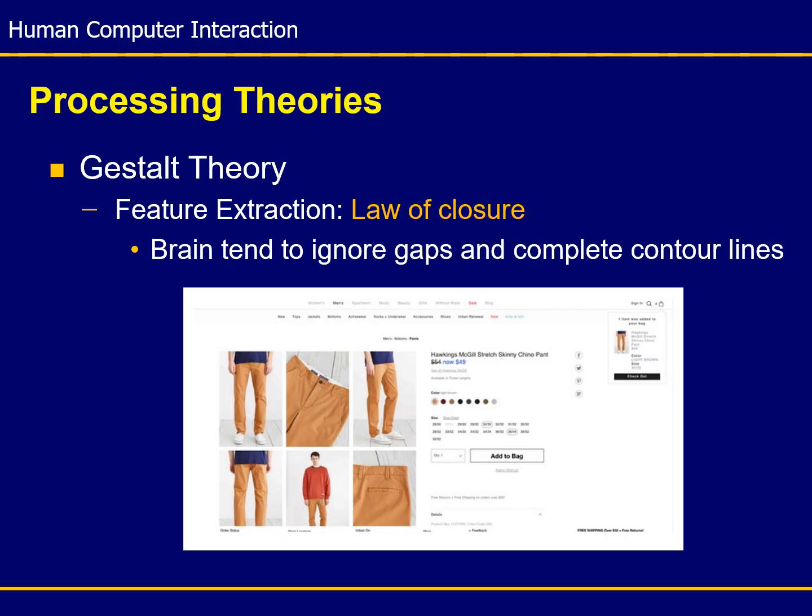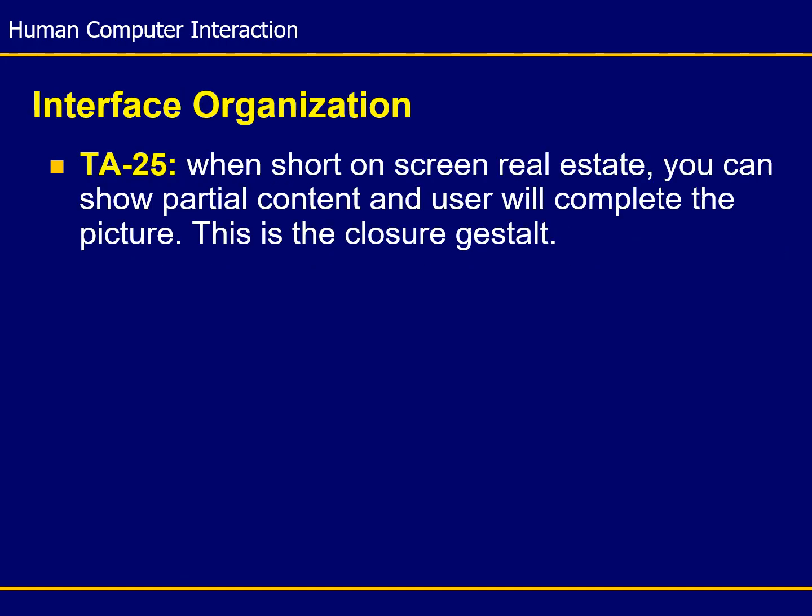Your ability to figure out that this is the side of the pant and that this completes this one, or if I see this then I know what's the rest, is again invoking indirectly this gestalt. So, take away: when short on on-screen real estate, you can show partial content and the user will complete the picture, and this is the closure gestalt.